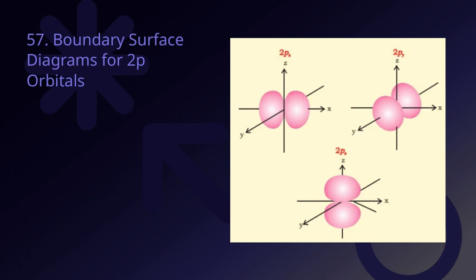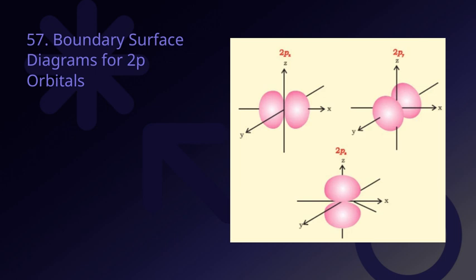They are particularly useful because they give us a clear picture of the lobes, which in the case of 2p orbitals are oriented along specific axes, x, y, and z. This orientation is crucial because it influences how atoms bond and interact with each other. What's important to grasp here is that these boundary surface diagrams not only show us the shape, but also help us understand the directional properties of the orbitals.